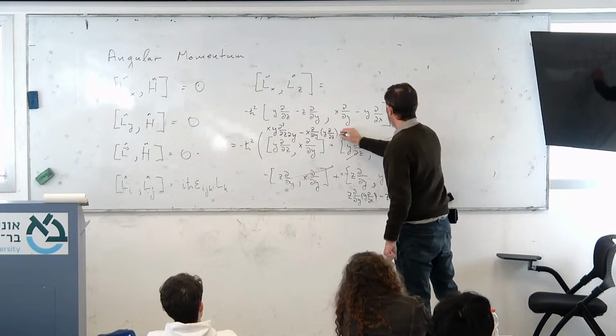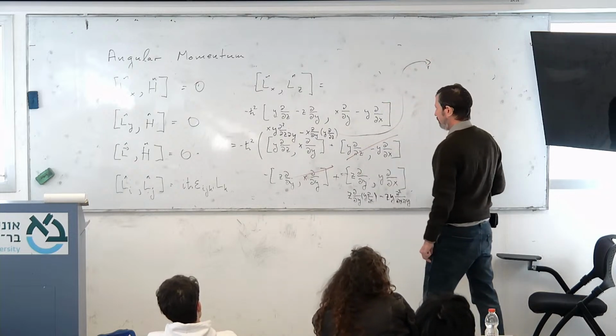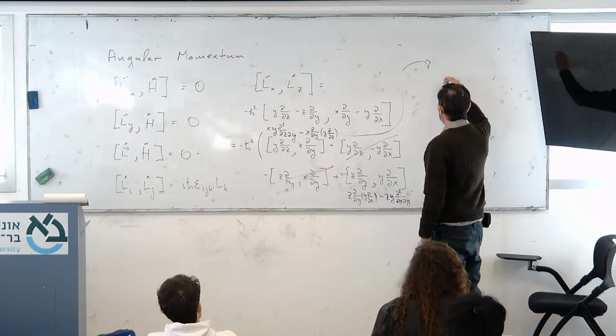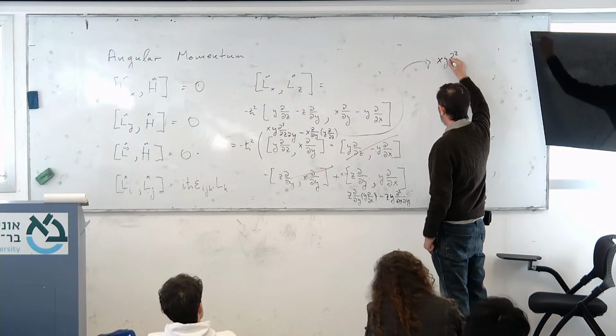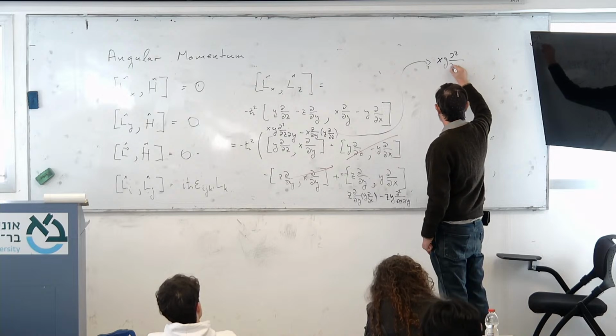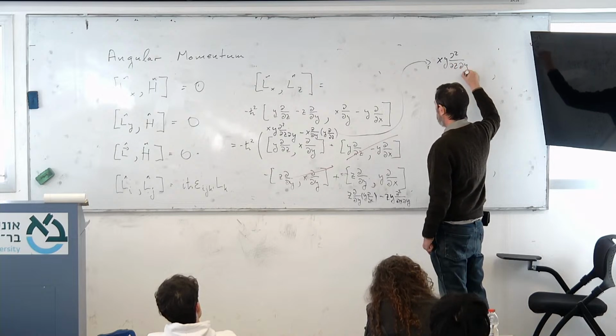Okay, so I'm copying this guy. x, y, ∂ squared, z, ∂y.